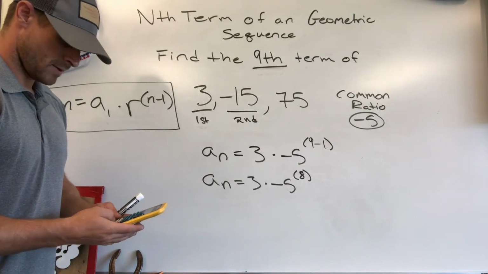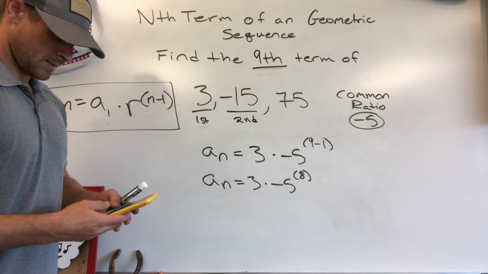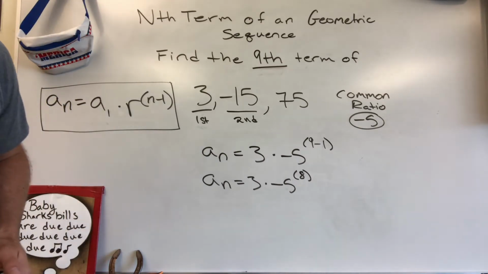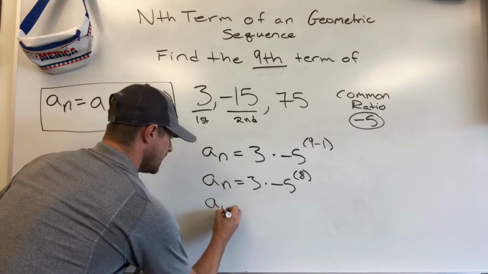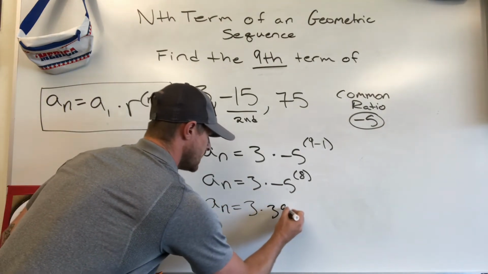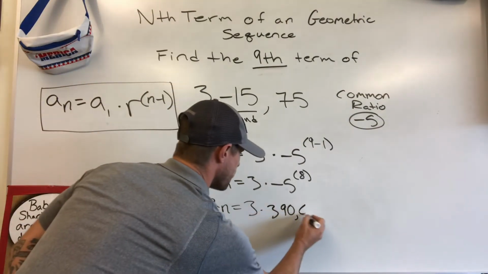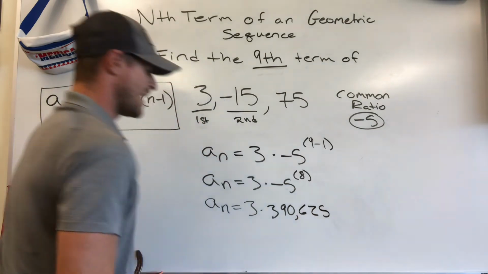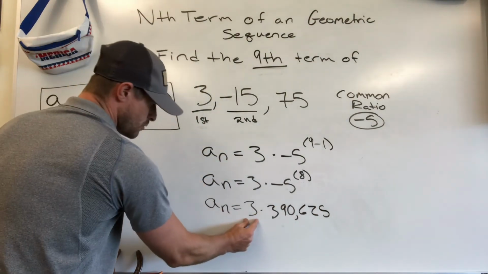Negative 5 to the power of 8 leaves me with 390,625. So now we have A_n equals 3 times 390,625.